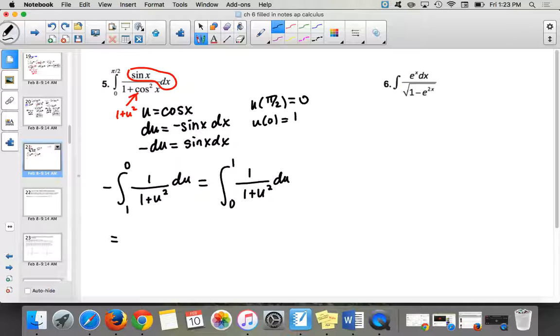All right, so anyway, we have inverse tangent of u, and we're going from 0 to 1. So it's going to be inverse tangent of 1 minus inverse tangent of 0. And I admit inverse tangent is the trickiest of inverse sine, inverse cosine, and inverse tangent.